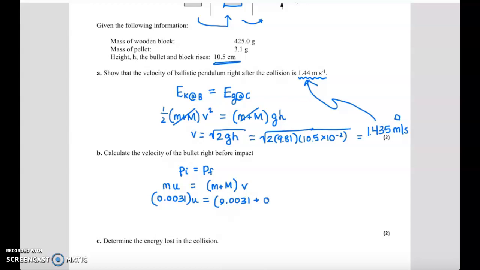Over here, the mass of the bullet and the block together moving away at 1.44 meters per second, what we just found in the previous problem. Solving for initial velocity, that comes out to be 198.86 meters per second.